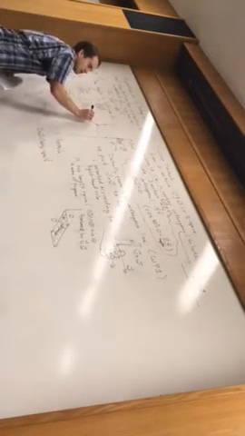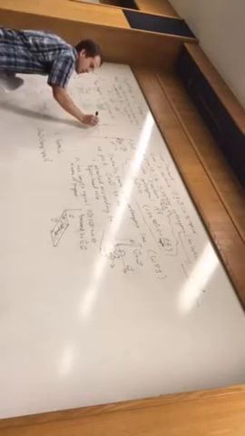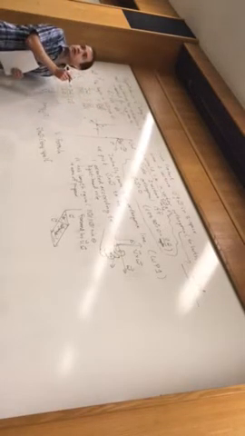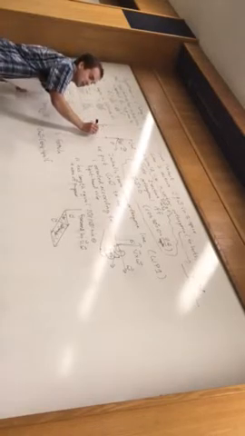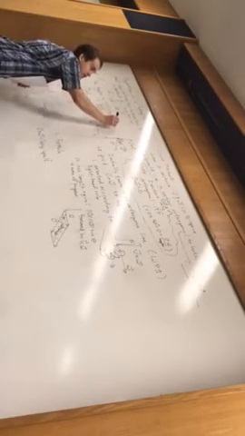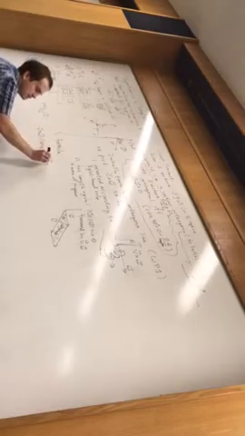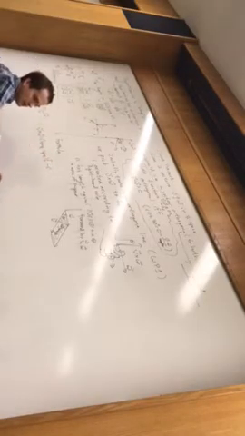Let me write up here i, j, and k. The i, j, and k represent our unit vectors in the direction of our coordinate axes. So i is the x-coordinate base vector, j is the y-coordinate base vector, k is the z-coordinate base vector. Is that okay? Okay, good.